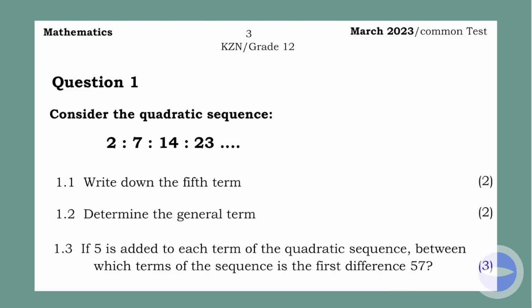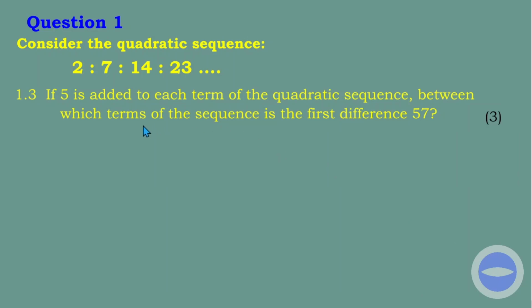Now we are going to 1.3. Say if 5 is added to each term of the quadratic sequence, between which terms of the sequence is the first difference 57? So here, first of all, we have to write our first differences.